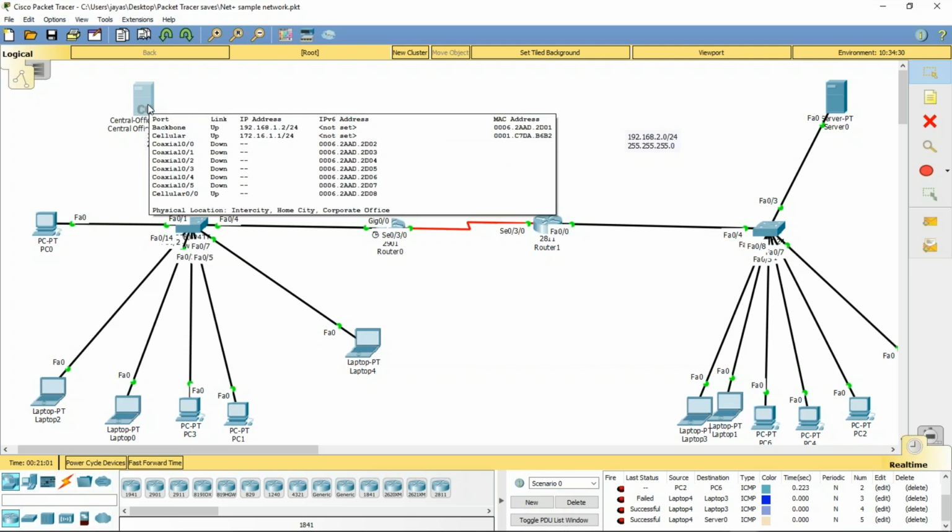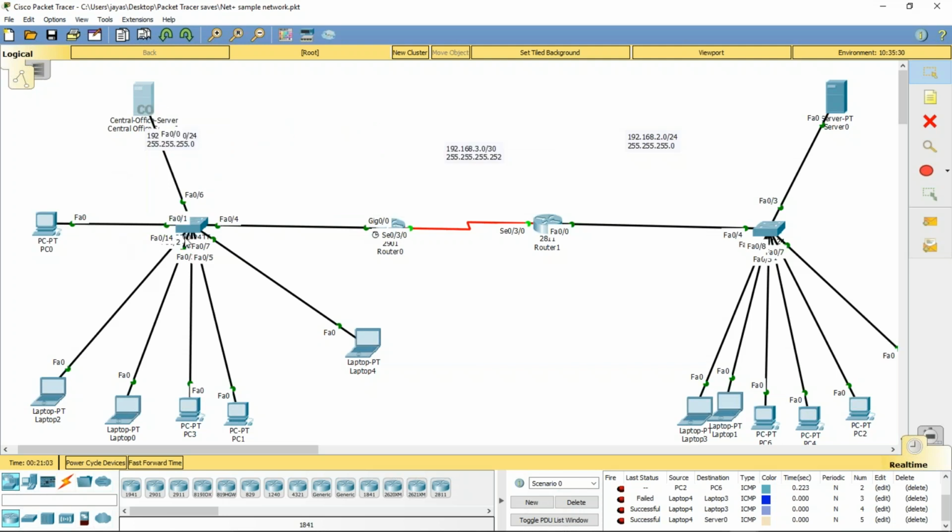Even with this router here, you're going to have to go to the router first to get to the switch. You'll still be able to get there, but you have to go through the router first. Whereas if I want to ping this device over here from here, the switch is enough. It'll just know where that is and send it there.